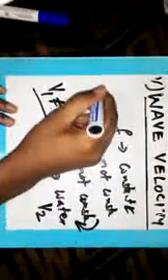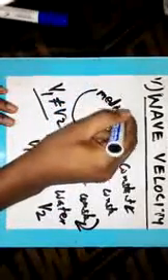If the wave is moving from air to maybe water, and wave velocity in air is V1, and in water is V2, therefore V1 is not the same as V2. Why? Because wave velocity is not constant, because it depends on the medium, not on the source. This is what we should note about wave velocity.